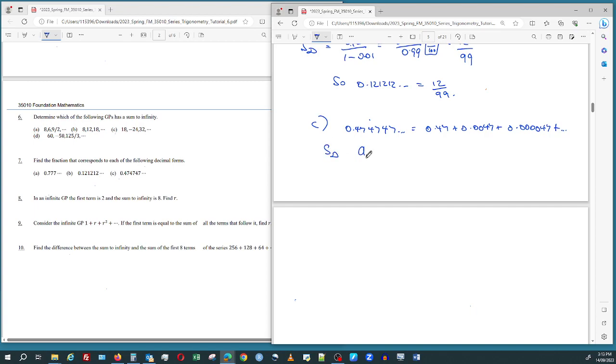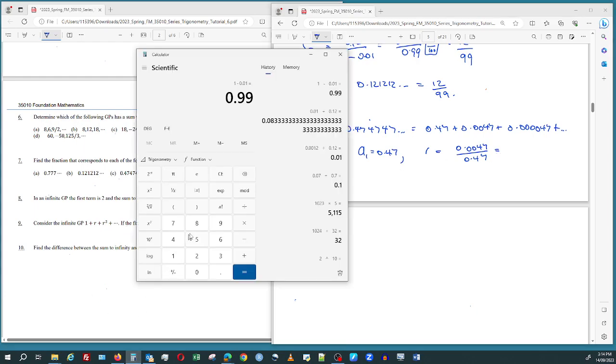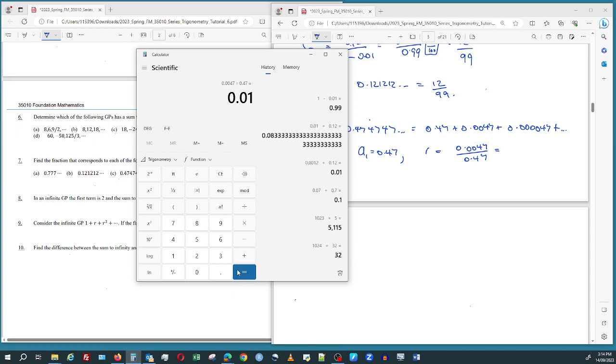There's a first term, and our R will be to take a term divided by the previous term, and believe it or not, you're going to get the same thing. So when you do these a few times, you'll start to recognise 0.01 as a proportion. It's the same thing, not 0.01.